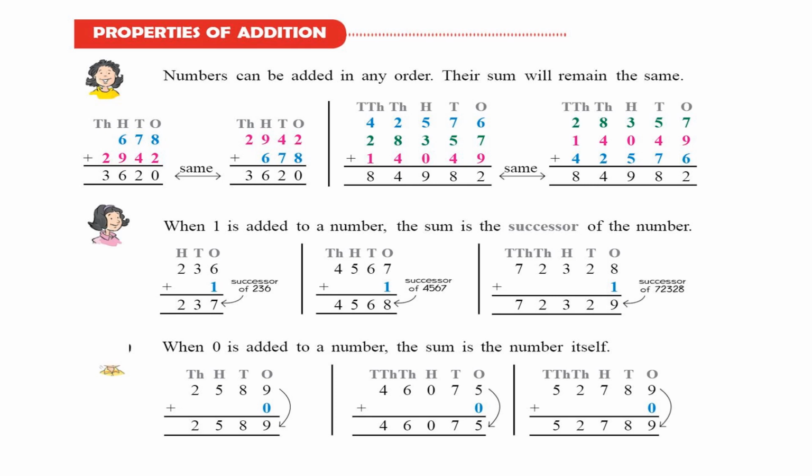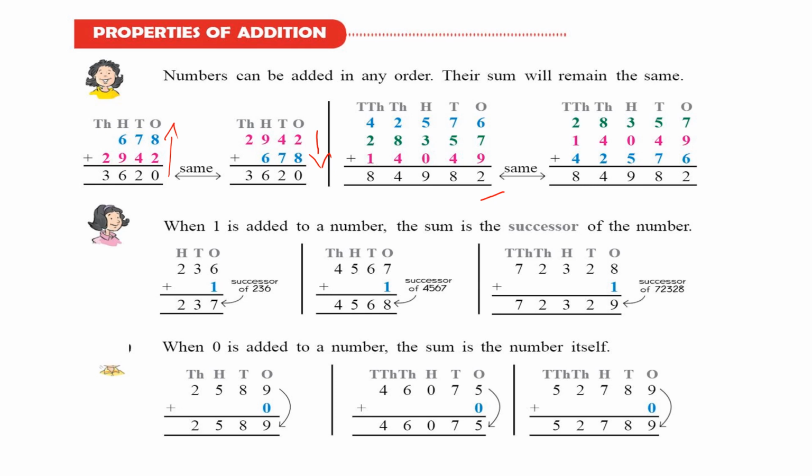In the given example, the numbers are 678 and 2942. If you add from bottom to top, you get 3620. In the same way, if you add from top to bottom also, you get 3620. There is no change in the answer, right?